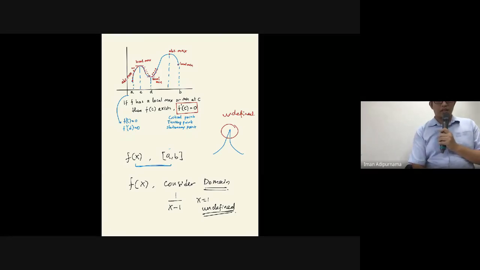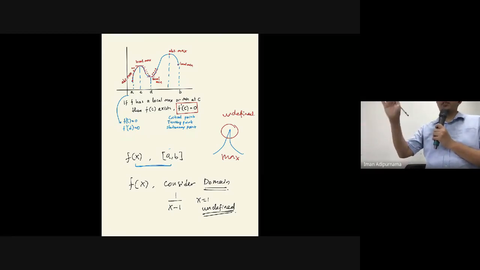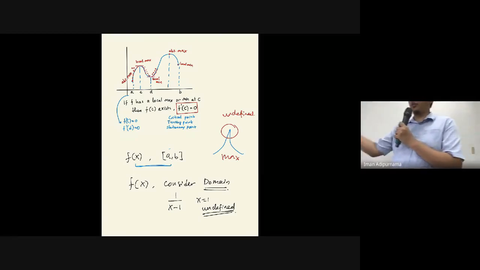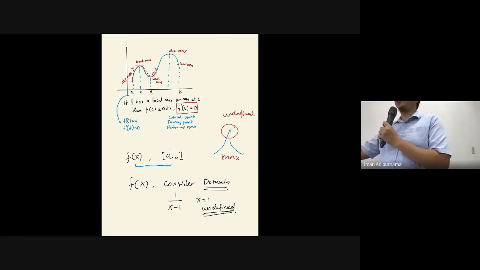But in the graph, this is still a maximum because it's changing the gradient from positive to negative. Same idea, but the f prime is undefined. So aside from f prime is 0, f prime undefined is also grouped in the same category as a turning point or critical number.